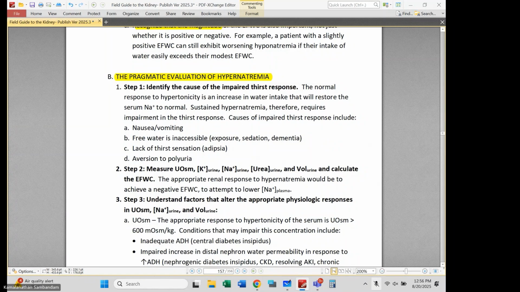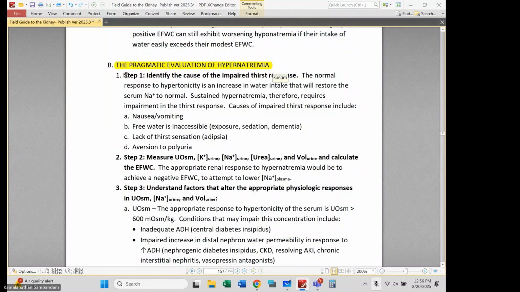Let's talk about pragmatic evaluation of hypernatremia then. If somebody is hypernatremic, they have to have a problem with thirst response. Said a different way, put into a clinically relevant scenario, diabetes insipidus patients don't present hypernatremic, they present with polyuria or polydipsia as a chief complaint, right?